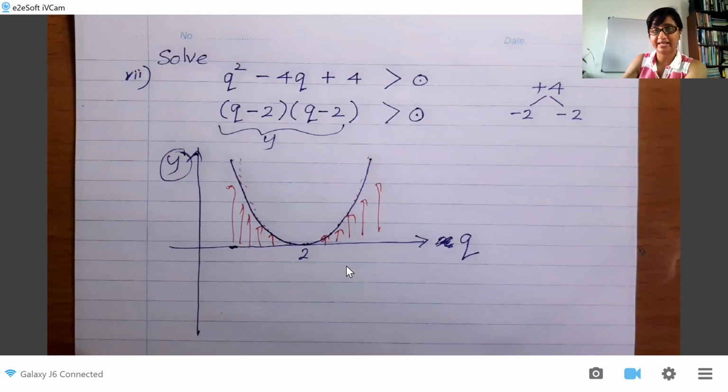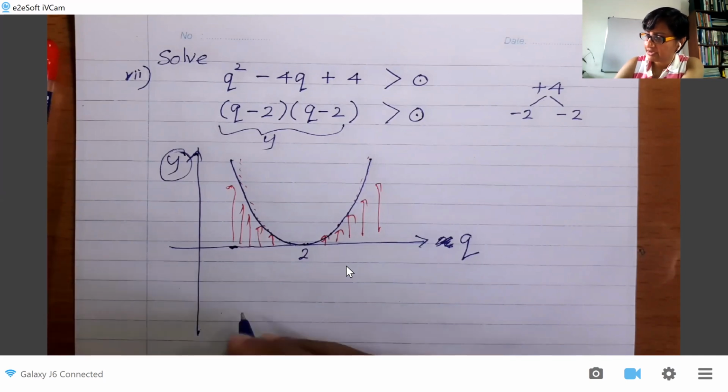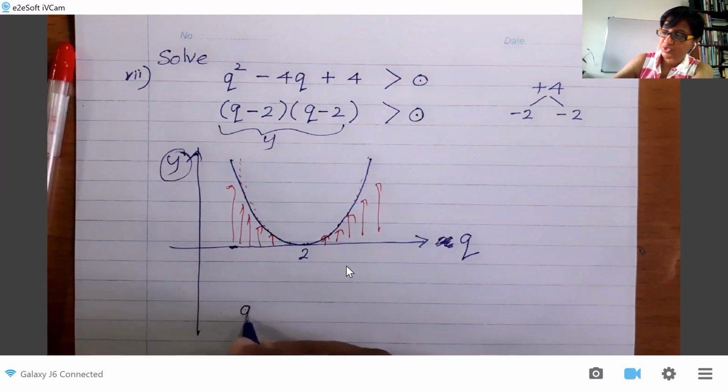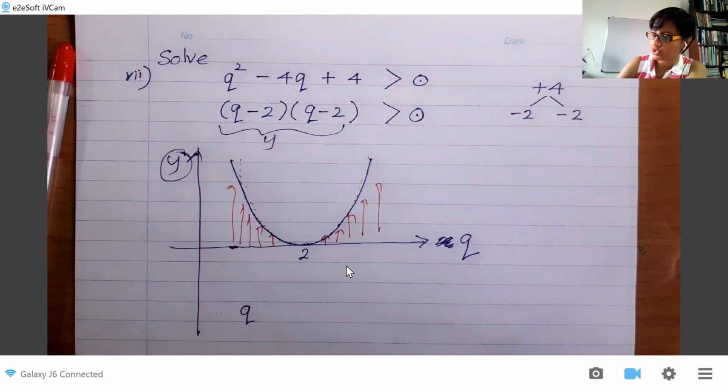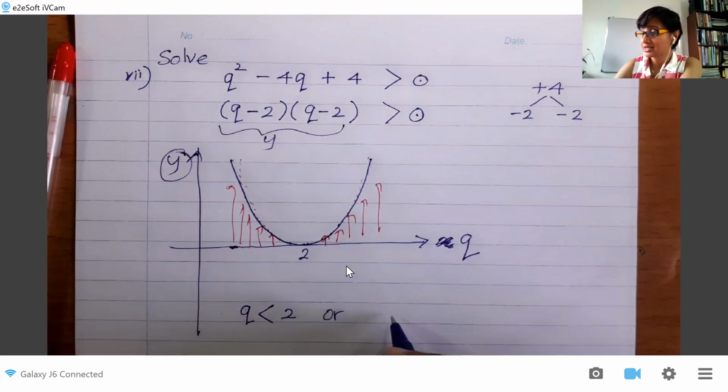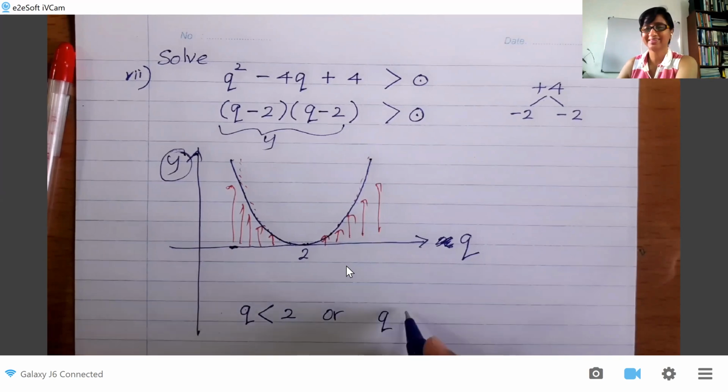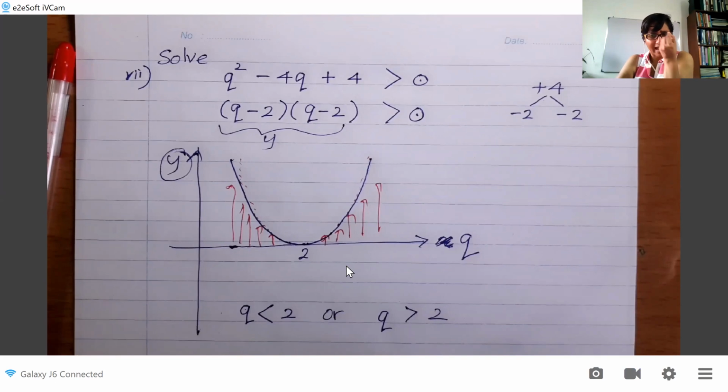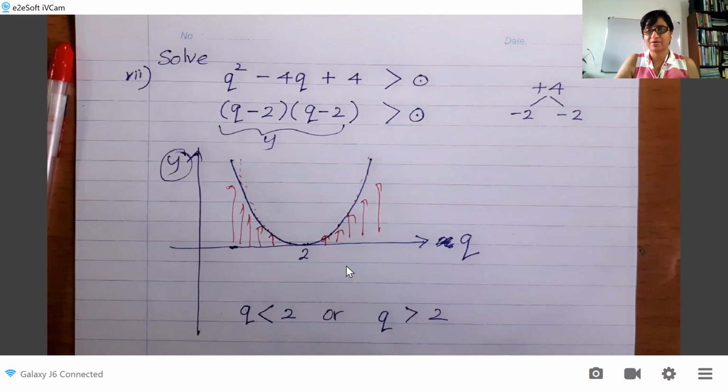So one way of saying that is, I can say when q is smaller than 2, or when q is greater than 2. Is that right? Because it's only at 2. It is not greater than 0, it is 0. Okay.